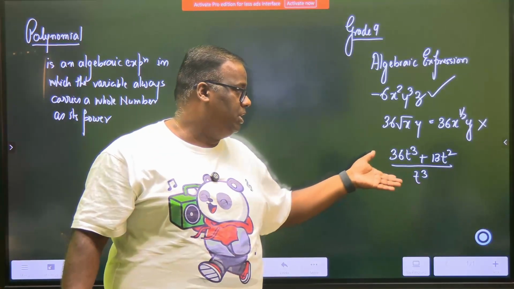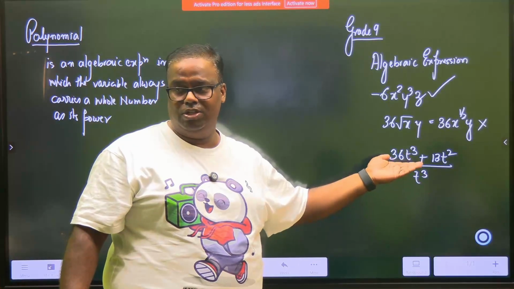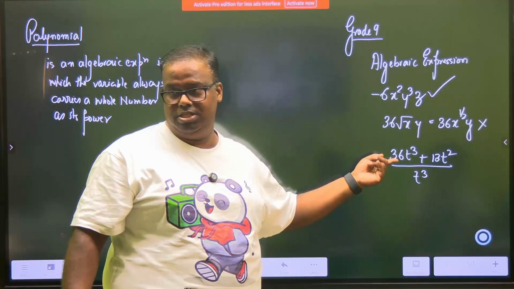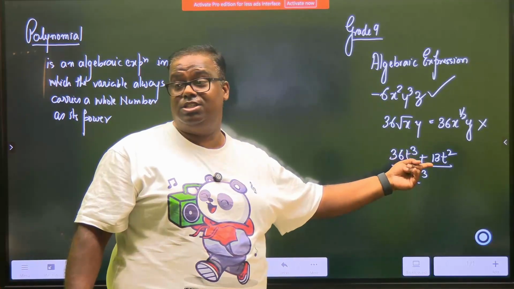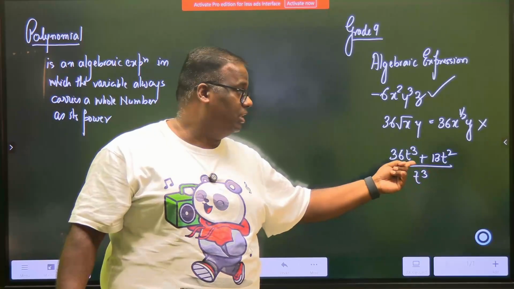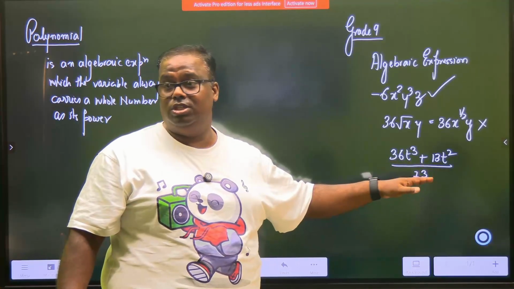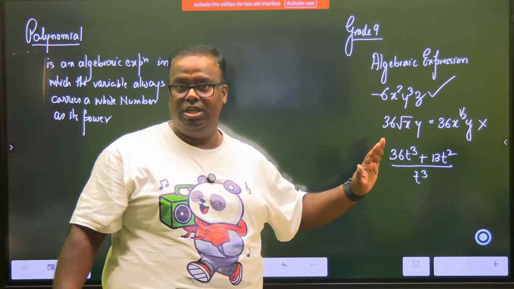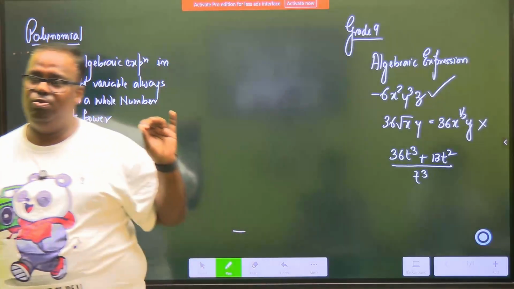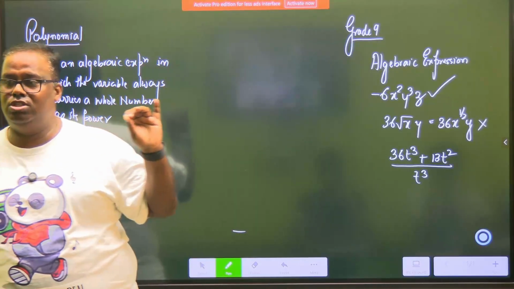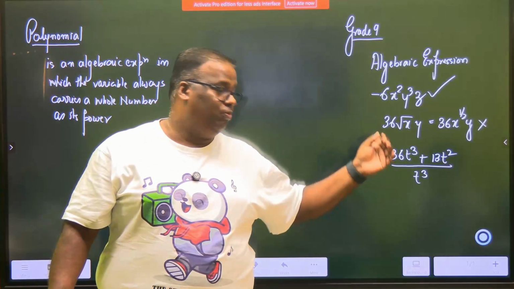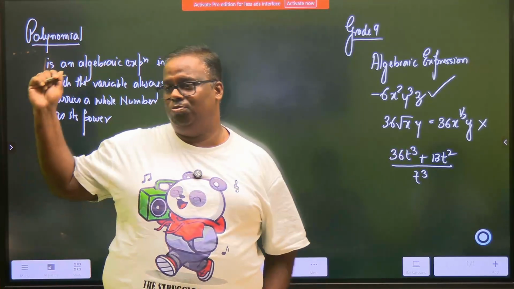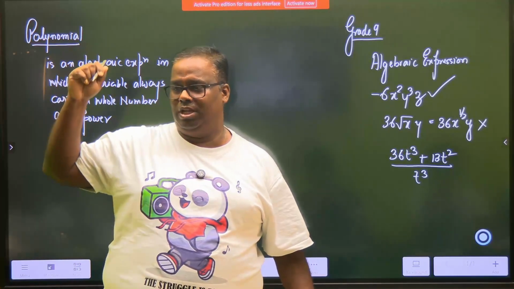You are supposed to split every term and take them at ground level. So if you take it at ground level, this one will become 36, whereas this one will become 13 t to the power minus 1. So this is not a polynomial. Is this understood by everyone? What is a polynomial and what is not a polynomial? Therefore, all algebraic expressions need not be polynomials, but all polynomials will be algebraic expressions.